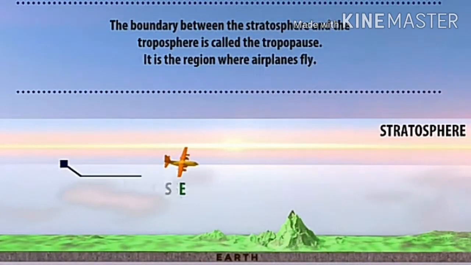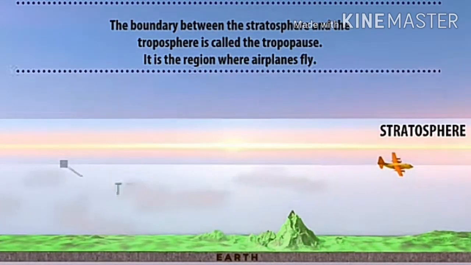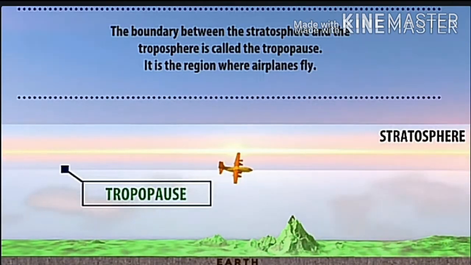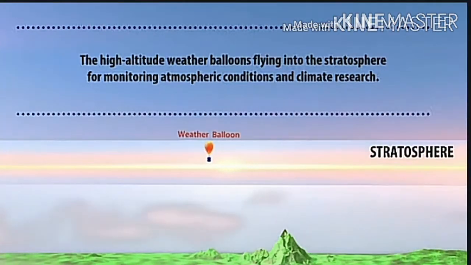The boundary between the stratosphere and the troposphere is called the tropopause. It is the region where aeroplanes fly. High altitude weather balloons fly into the stratosphere for monitoring atmospheric conditions and climate research.